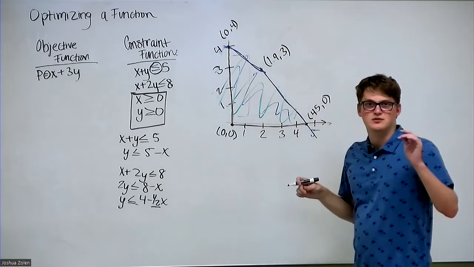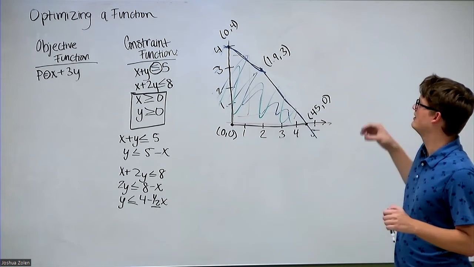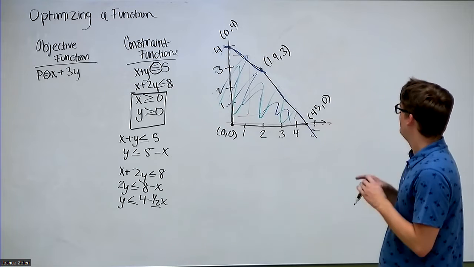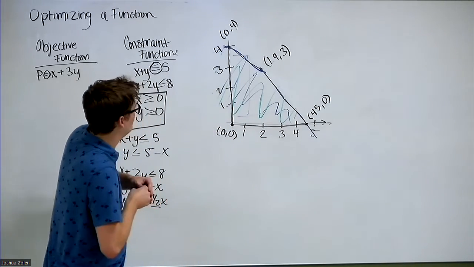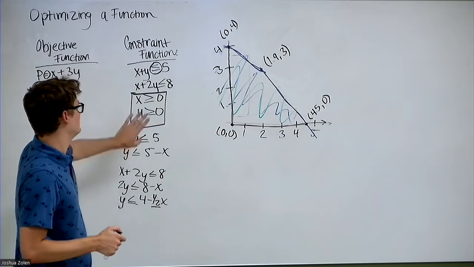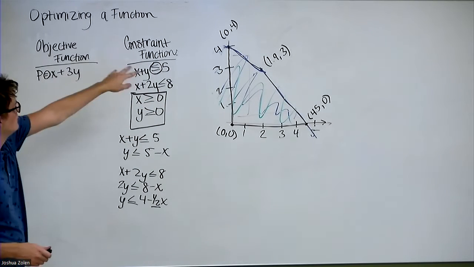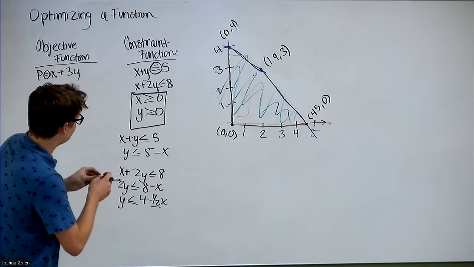When you are actually doing this problem in the lesson, there will be a way to figure out what all of these points are. Just because it's faster, we'll do it this way for now. Okay, so now we're going to take these 4 points. We've used our constraint functions in creating this graph, but we have not used our objective function. So we're going to take those 4 points and plug them in for x and y.